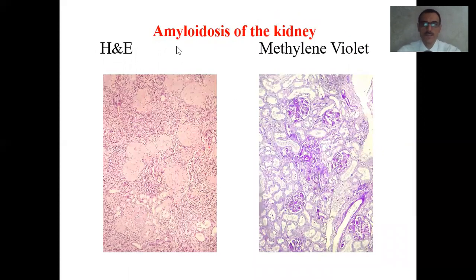Also, another microscopy of renal amyloidosis using the hematoxylin-eosin method. Here we see the amyloid deposition, and using methyl violet, finally, we can find the deposition of amyloid in the renal glomeruli and the walls of the blood vessels.